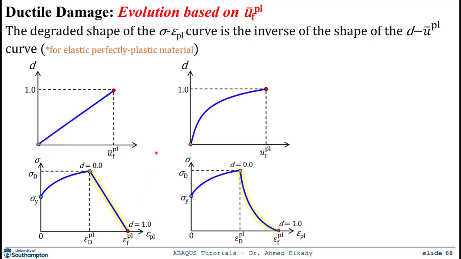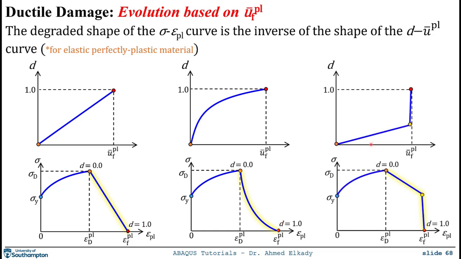With the same thing, if you are defining this as an exponential softening curve, then your drop in strength will look like the inverse of this exponential shape. If you have something tabulated, an arbitrary user-defined shape like this one, your stress strain behavior will look the exact opposite or the inverse of this one.